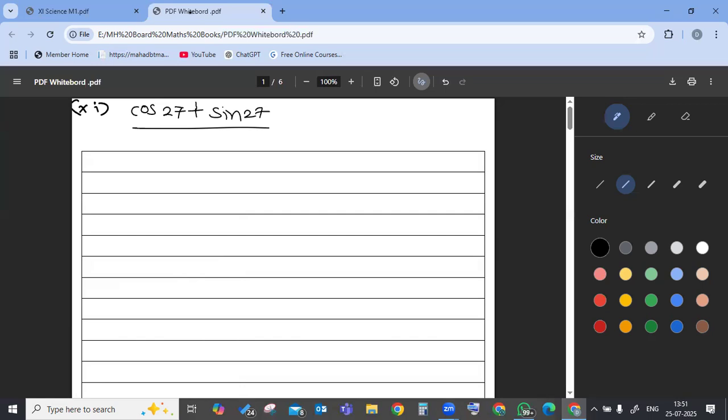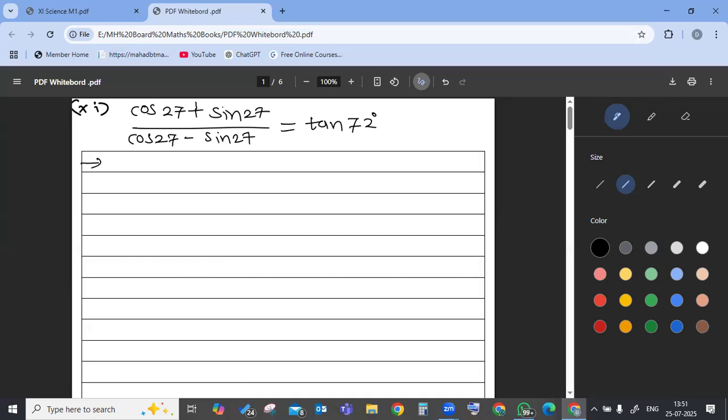Cos 27 minus sin 27 is equal to, we need to prove it, tan 72 degree. Now see, let's convert it into tan theta.